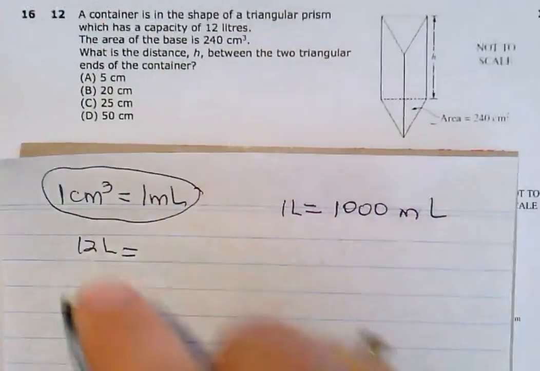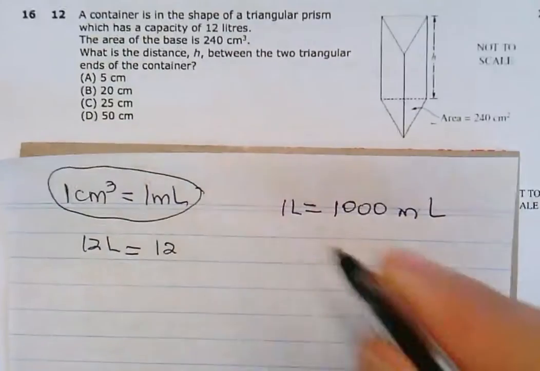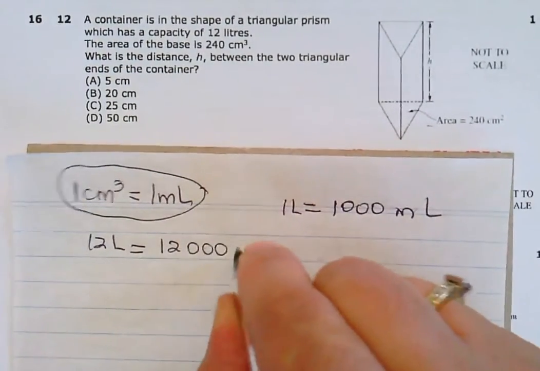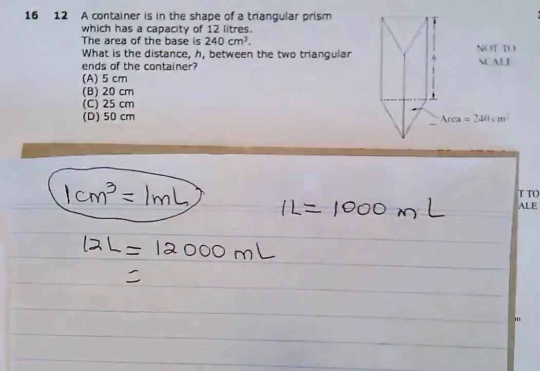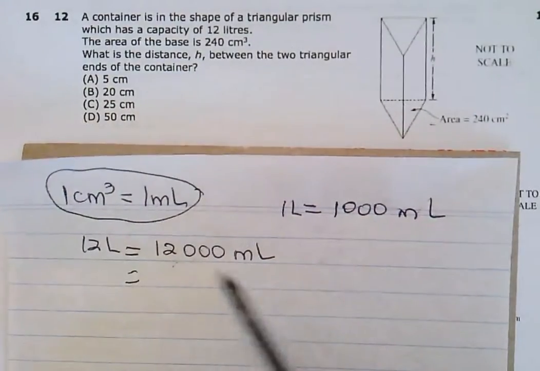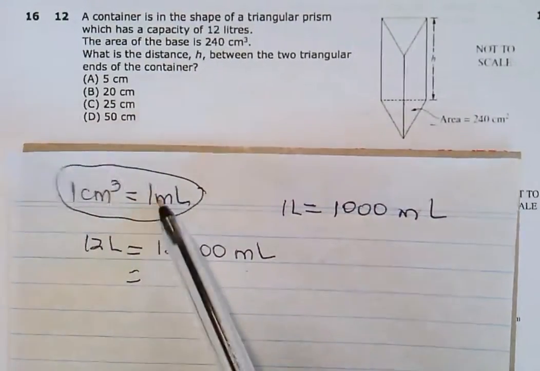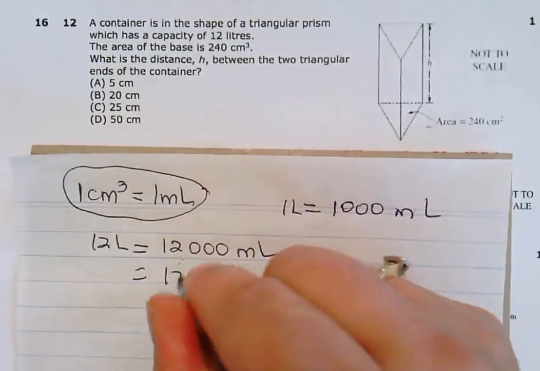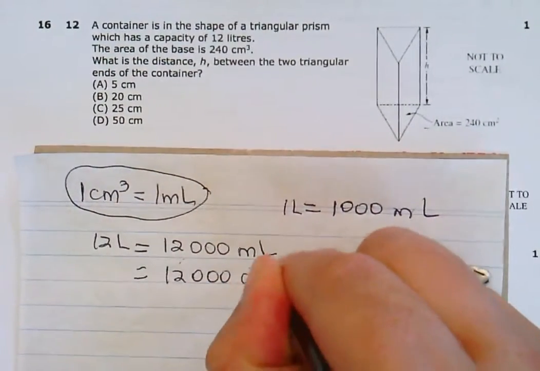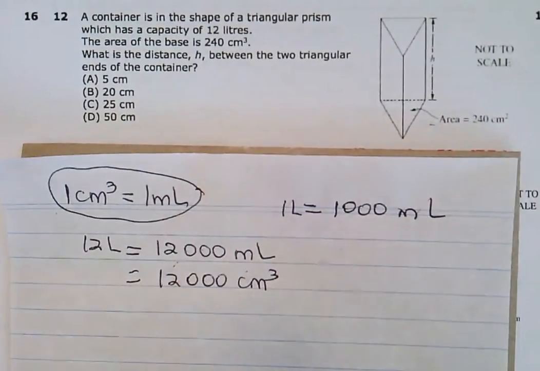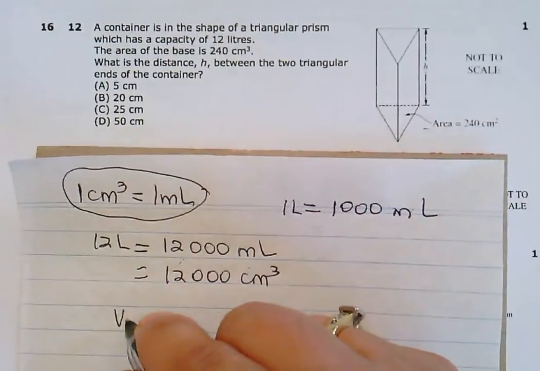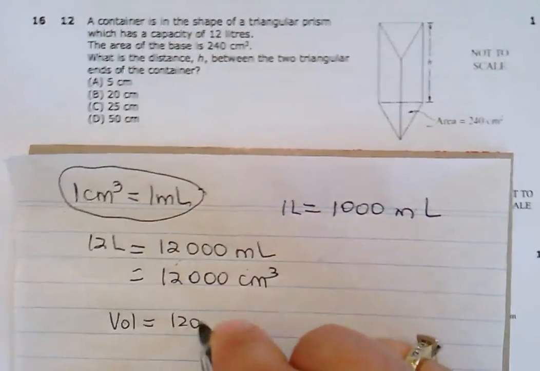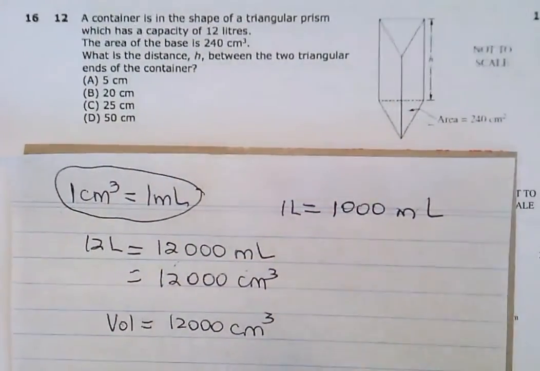So why don't I say 12 litres is 12 times 1,000 or 12,000 mils. What can I now convert the 12,000 mils into? Centimetres cubed, which is 12,000 centimetres cubed. So in other words, the volume of the prism is 12,000 centimetres cubed.